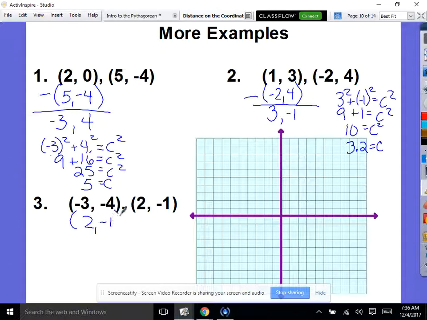(2, -1). We subtract: negative 3 minus 2 equals negative 5. Negative 4 minus negative 1 is negative 3.